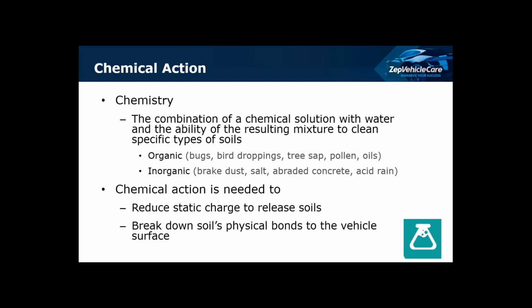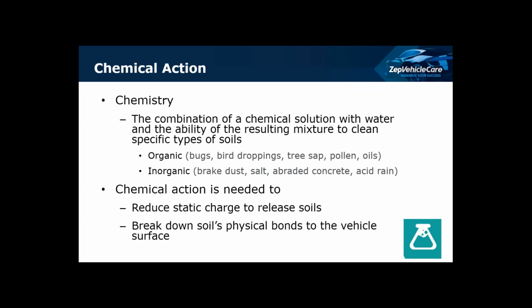The chemical action, the actual functionality of the chemical, is to break down the soil's physical bonds on the surface and reduce the static charge that in turn releases the soil from the surface when you go over the surface with your cloth or your closed cell foam, or it's a high pressure touch-free automatic.